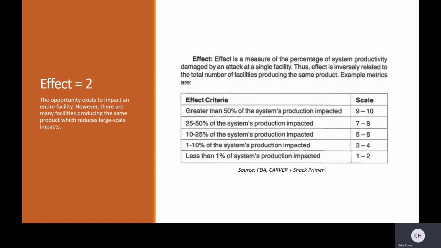Moving on to the effect, which was scored as a 2. The bad news here is that the opportunity exists to impact an entire facility for sure. However, there are normally many facilities producing the same product, so this greatly reduces the chances of a large-scale impact, especially considering this scenario where it's just one disgruntled inside employee.